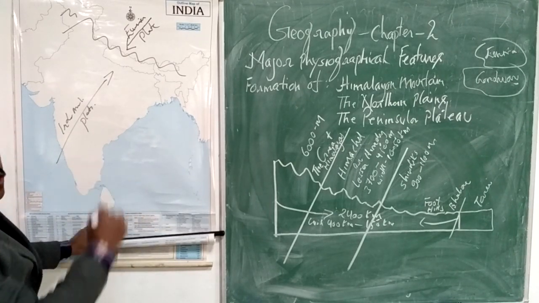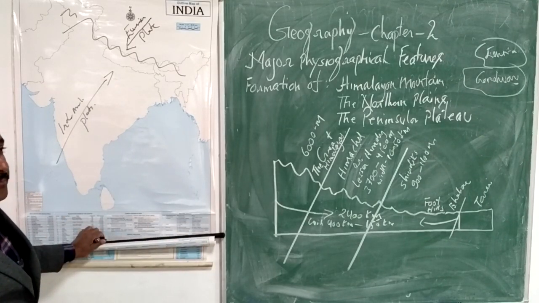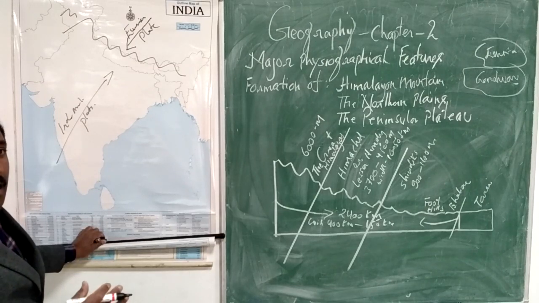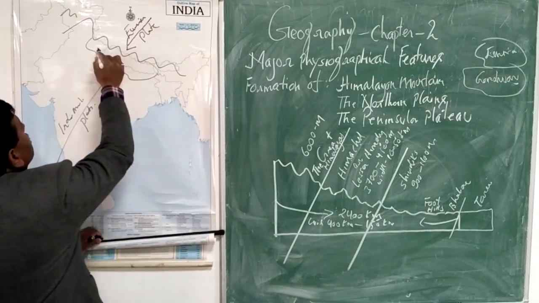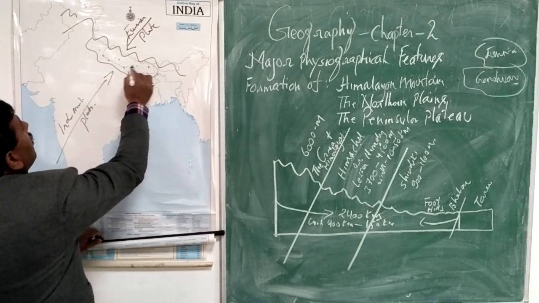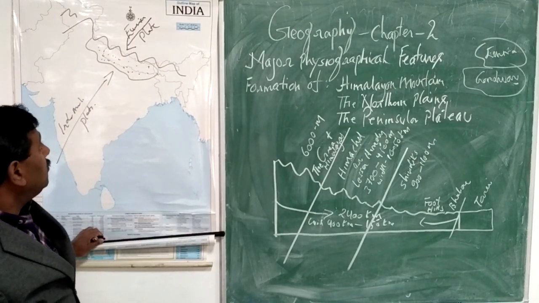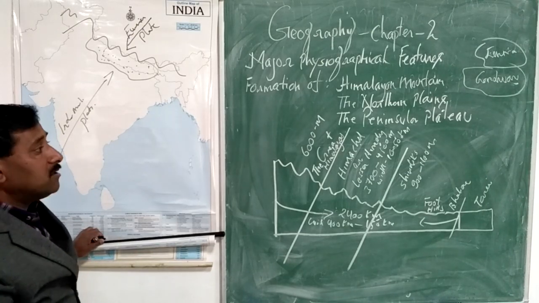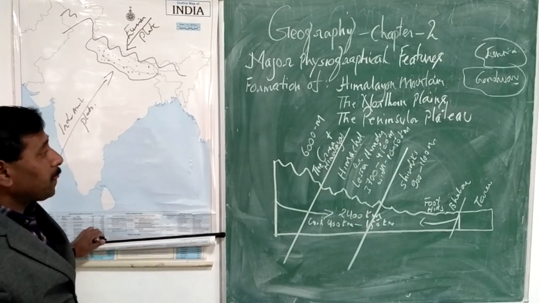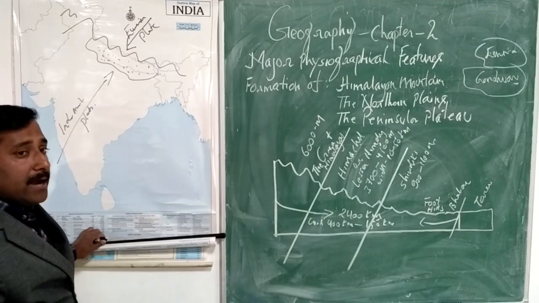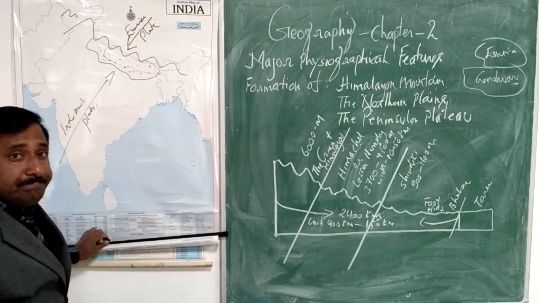And subsequently, the other physiographical features of India, like the great northern plains of India, developed over here, which I will be discussing in this coming chapter, the formation of the northern plains. All this I will discuss today. But you have to keep in mind first how the formation of the great Himalayas took place.